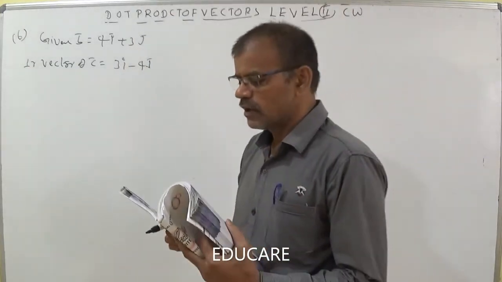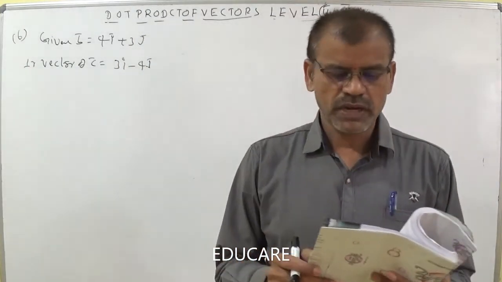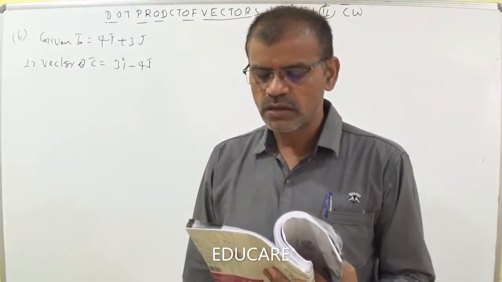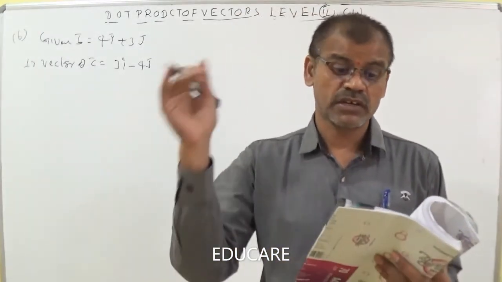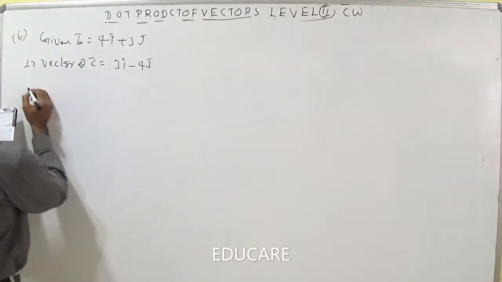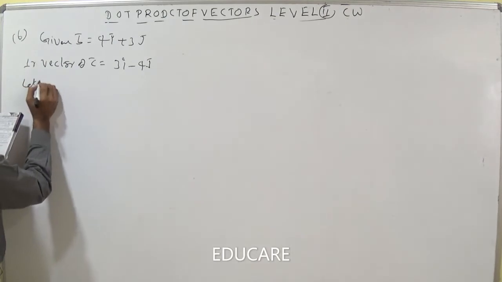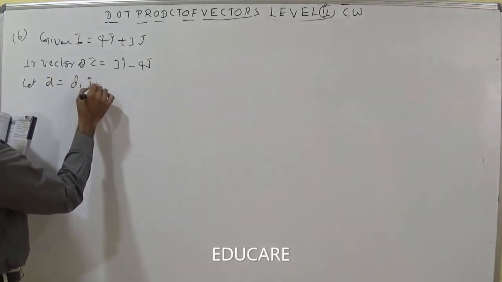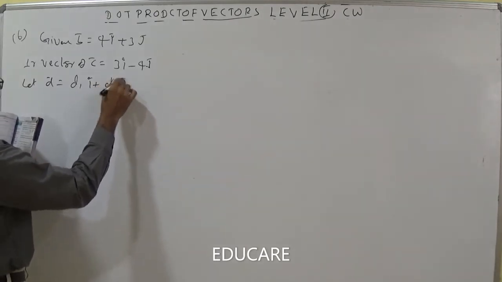See, I thought the vector in the same plane having components 1, 2 along B and C. So another vector should be there, and it should be coplanar. Let D bar be equal to another vector D1i plus D2j.